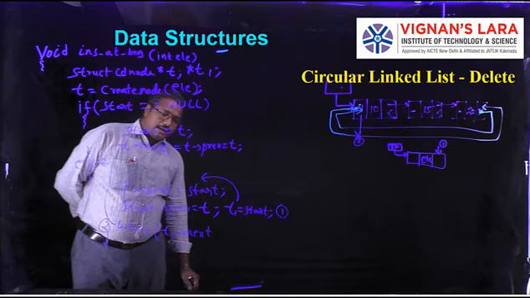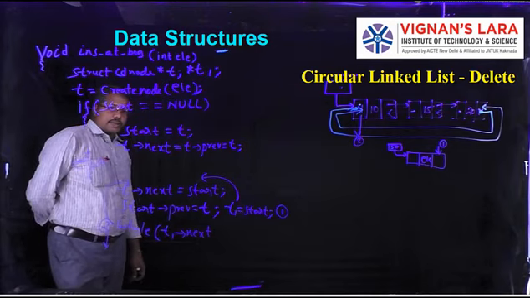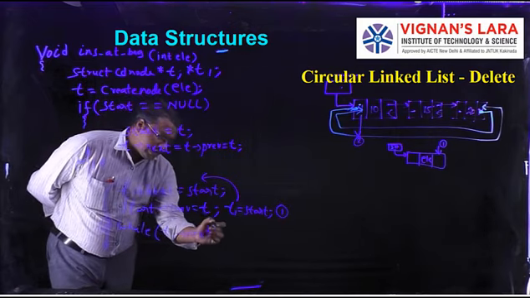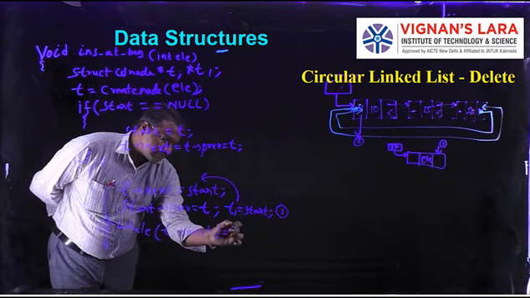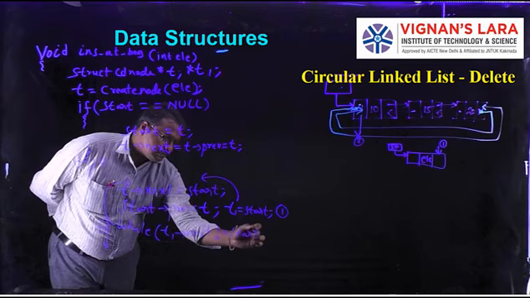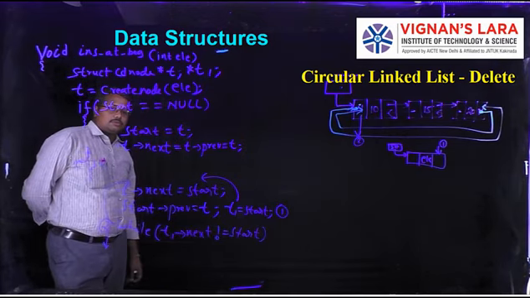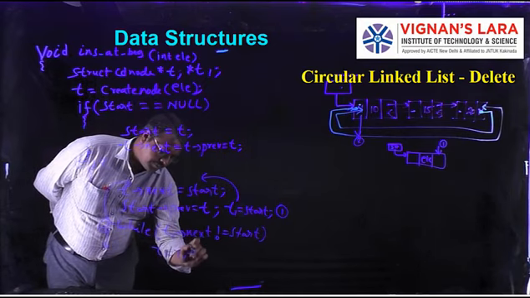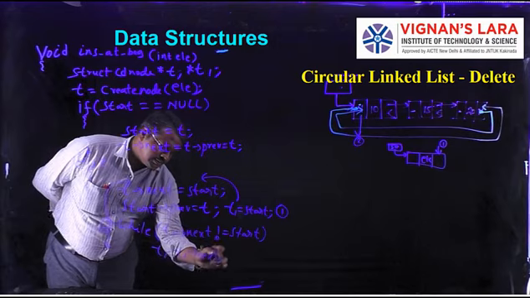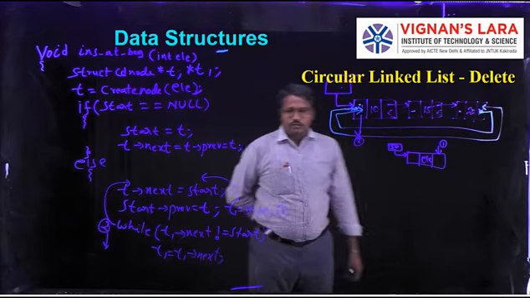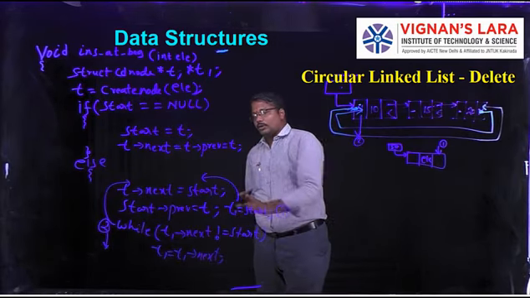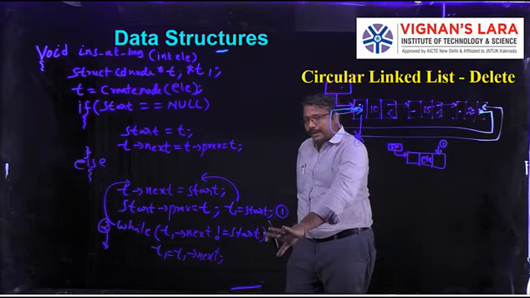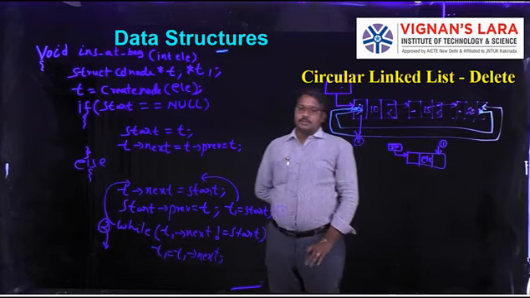So while T1 of next not equal to start, we need to travel in that particular case. So T1 is equal to T1 of next, means we need to travel in the linked list. When this loop breaks, T1 has the last node address.